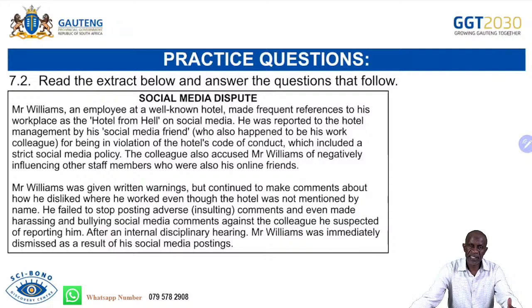Now let's practice questions for the first portion, which is conditions of employment and the value of the code of conduct. As I've indicated earlier on, the questions were derived from past papers, and I've also alluded to the fact that you'll come across questions for this topic in the final examination, and it's question 7.